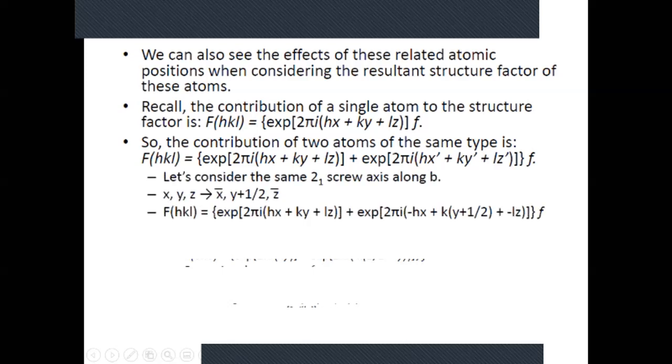And so let's consider we have a screw axis along B. So we have X, Y, Z goes to negative X, Y plus a half, negative Z. What we're showing you here is the mathematical aspect that shows you that these are going to be systematically absent, whereas on the previous slides we showed you a graphical illustration.